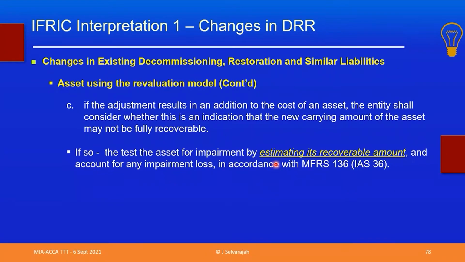So if so, the test of impairment by estimating the recoverable amount and account for any impairment loss in accordance with 136. Okay, so remember, initially charged to the cost of the asset. So over the years, if there's a change in the DDR for any reason, the entries will be against the asset.